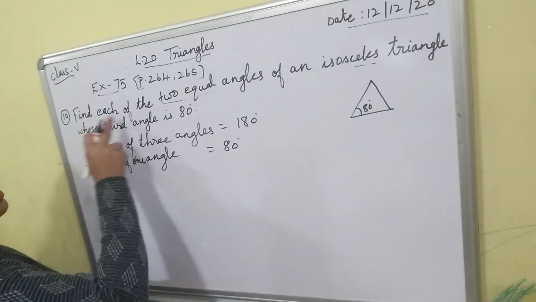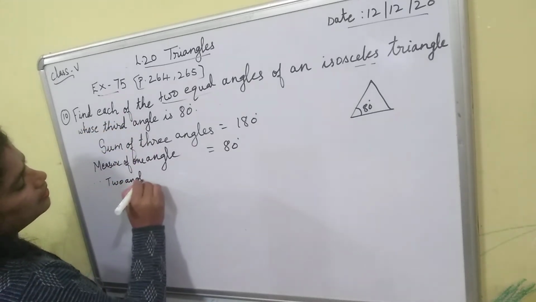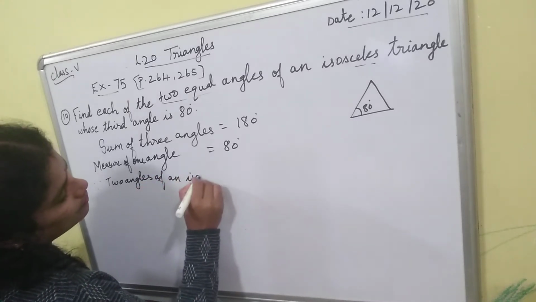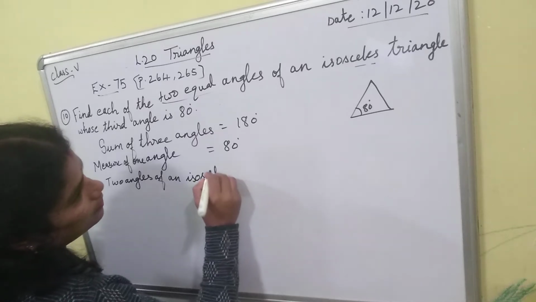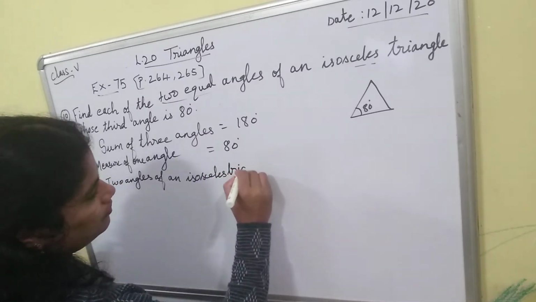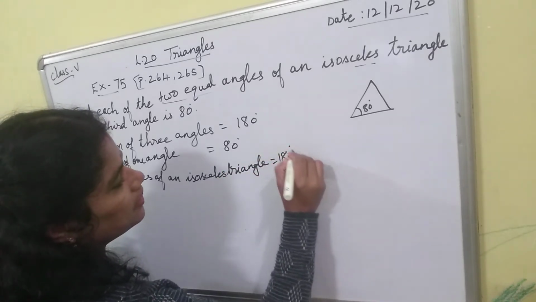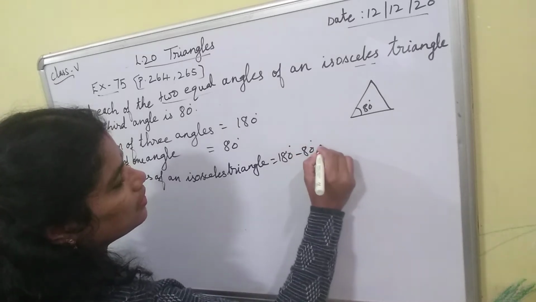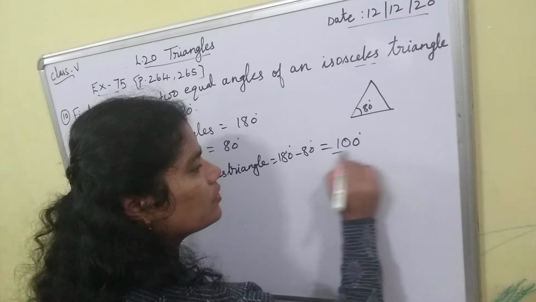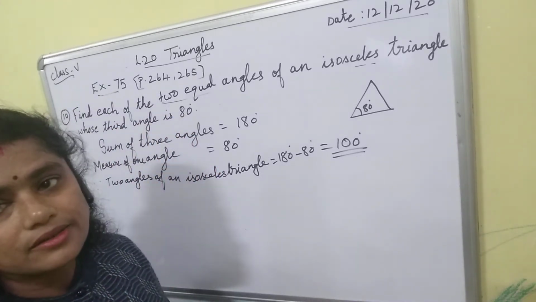We know the two angles of an isosceles triangle equal 180 degrees minus 80 degrees equal to 100 degrees.